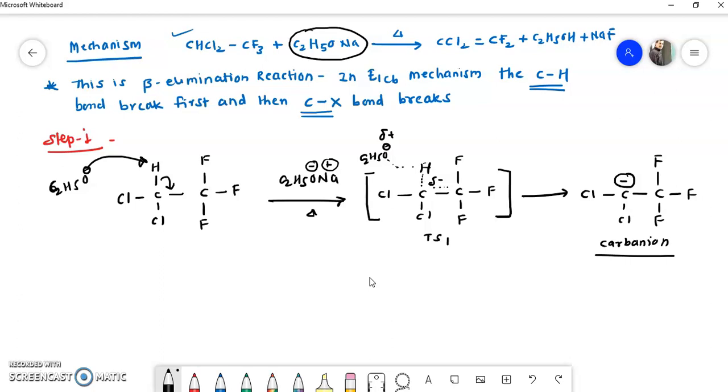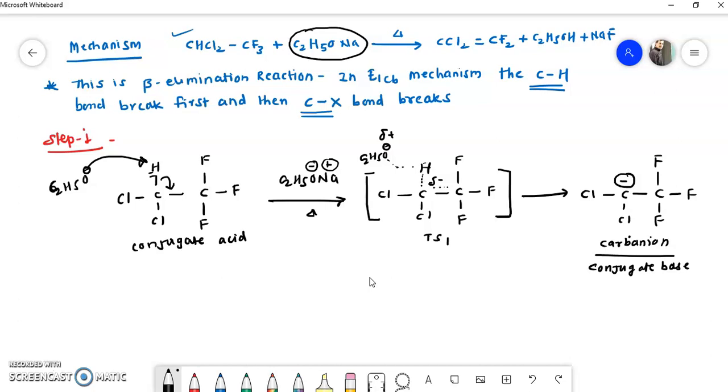Now you see, what is the difference between this carbanion and this starting material? There is a difference of only a proton. Here is a proton, here there is no proton. So we can say that this is a conjugate base, and this is a conjugate acid. So this is the first step.